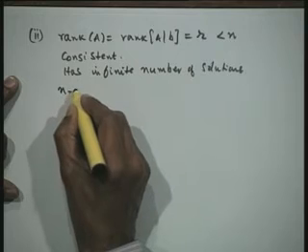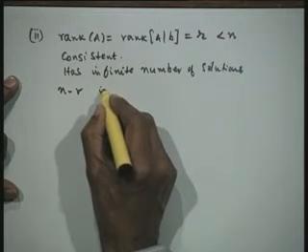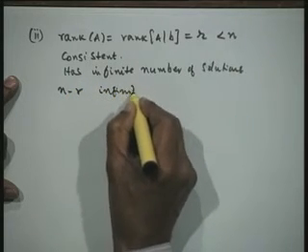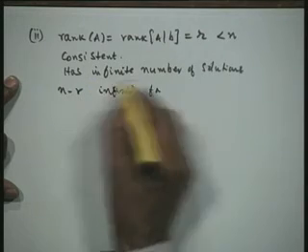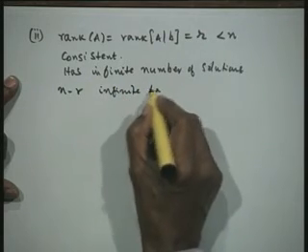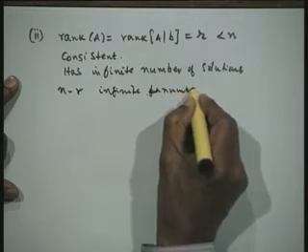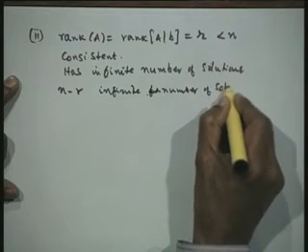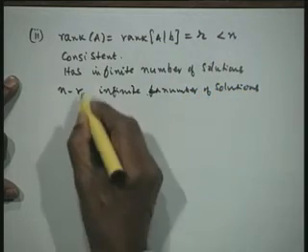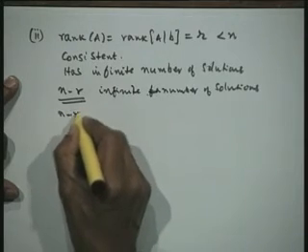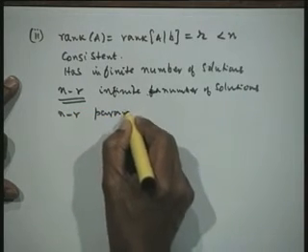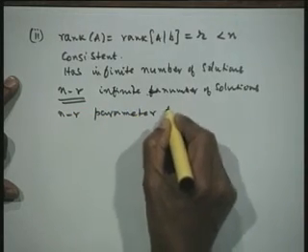So this has n minus r parameter family of solutions.